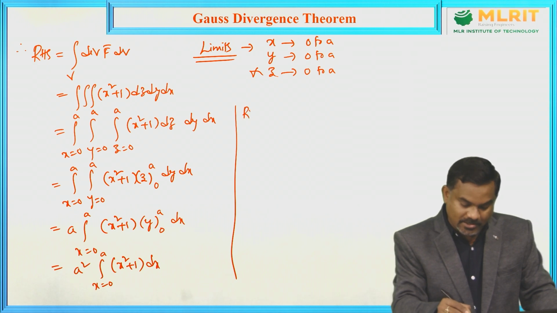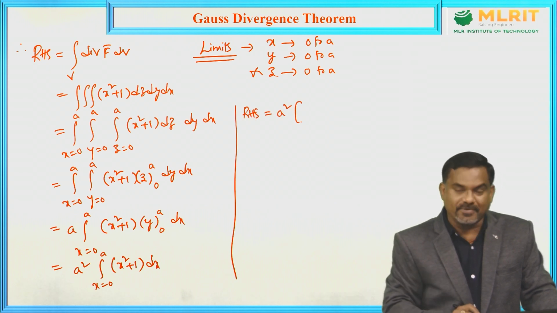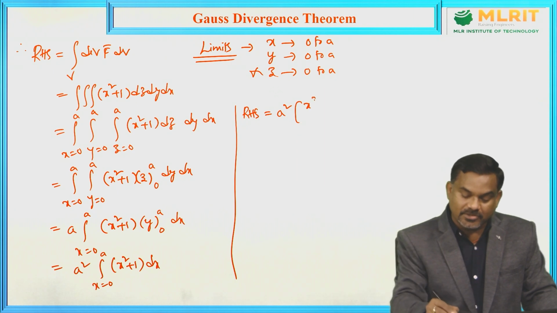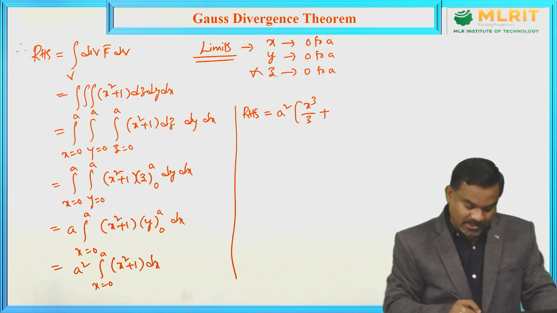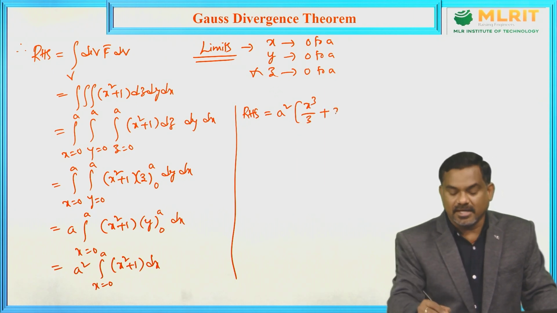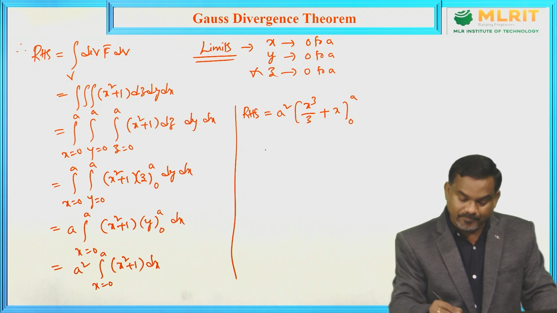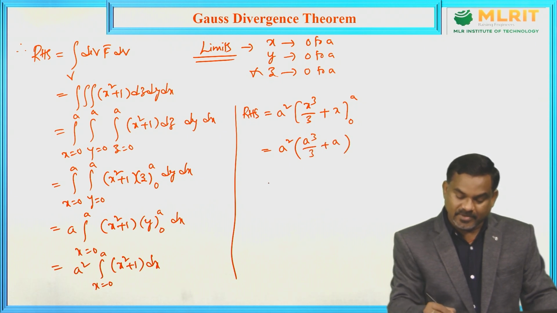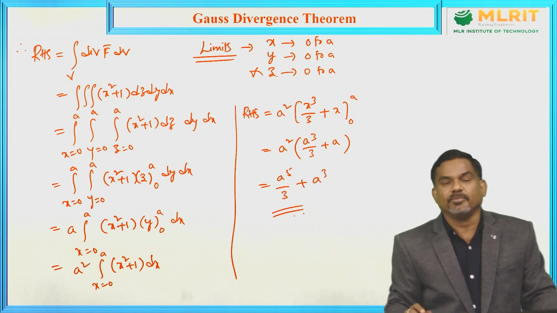So RHS is equal to a square times the integral of x square dx, which is x cube by 3, plus the integral of dx, which is x, from 0 to a. So a square times, with upper limit a, a cube by 3 plus a. So multiplying, a power 5 by 3 plus a cube is the volume integral of the given vector.